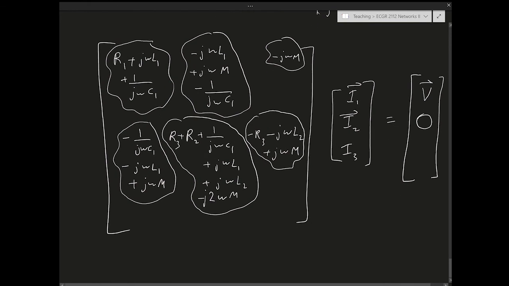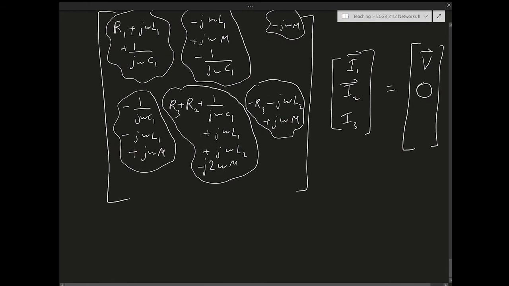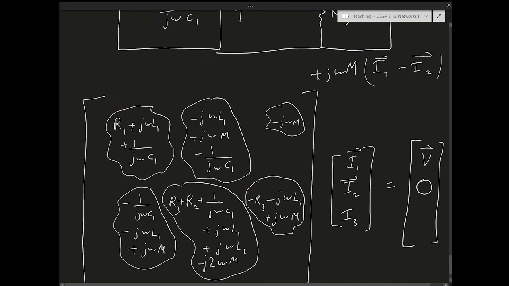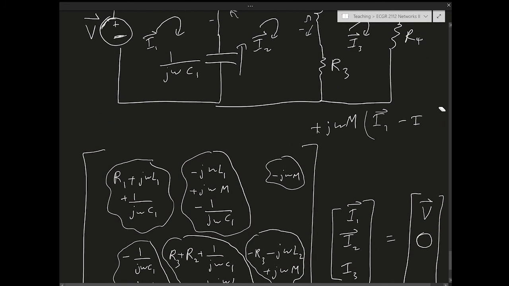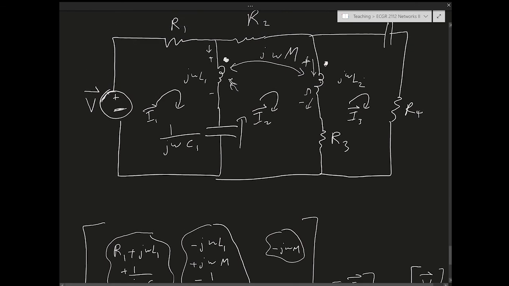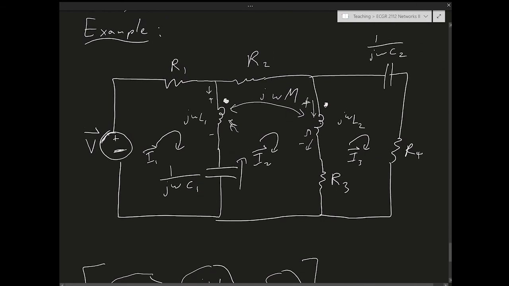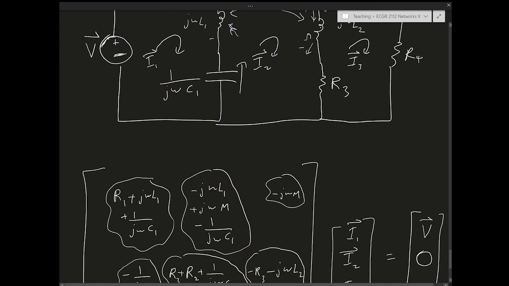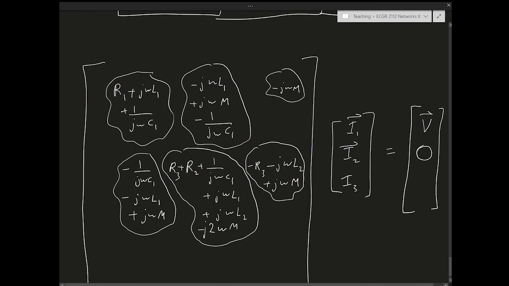Now I need to move to the third row. Let me expand this, and I want to populate the 3 elements by inspection. Okay, so the third row has to do with this loop. Let's start with all the self terms. So I have R3 times I3 minus I2.